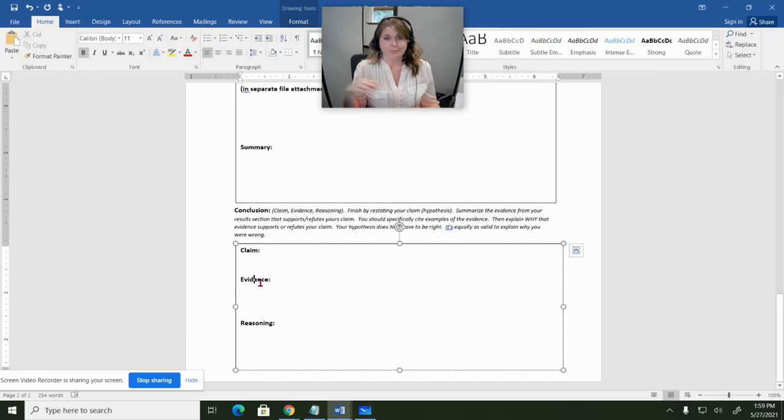You're not getting points off, and you're not wrong if you're wrong. If your claim is not supported, then say so here and give evidence that shows it's not supported. And then in the reasoning, you're going to explain why the data that you pulled out does not support your claim or does support your claim.